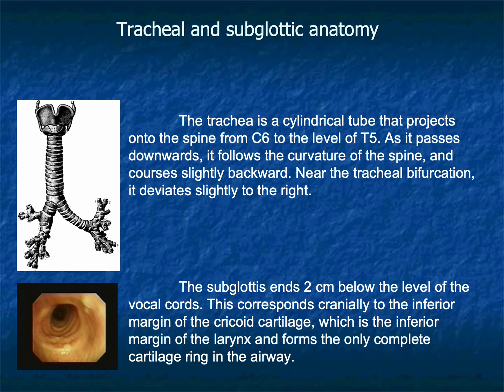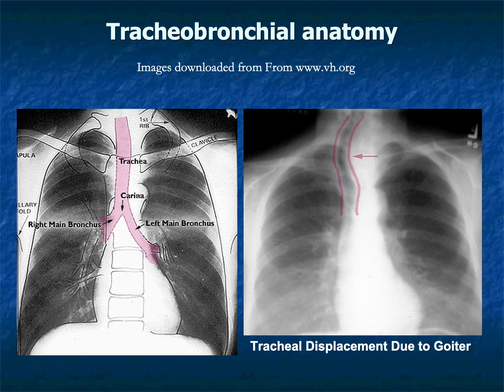The cricoid cartilage itself forms the only complete cartilaginous ring within the airway. This anatomical detail becomes especially important during airway management, intubation, stenosis evaluation, and interventional procedures. Bronchoscopy teaches us that anatomy is never merely descriptive.